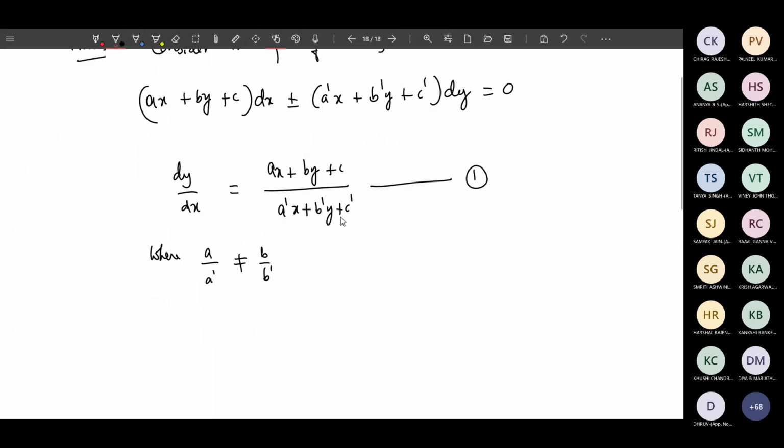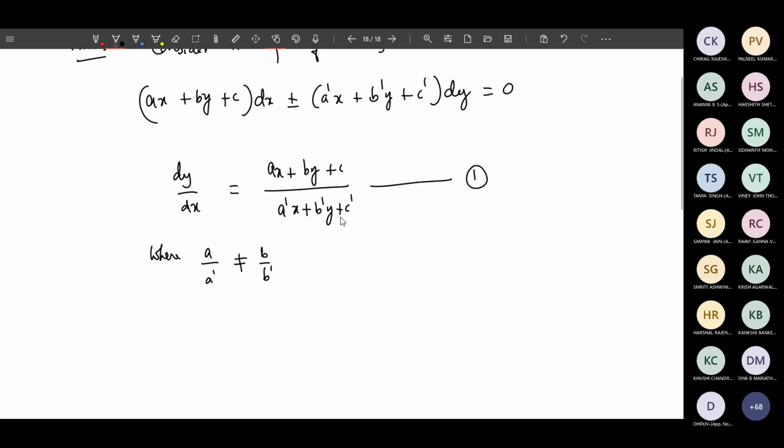And also one more observation from the previous problems and this: here the constant term alone is there in the coefficient of dx and in the coefficient of dy. The moment a constant term is there, it is not homogeneous. Homogeneous means every term has the same degree, but a constant term in the expression means degree 0.